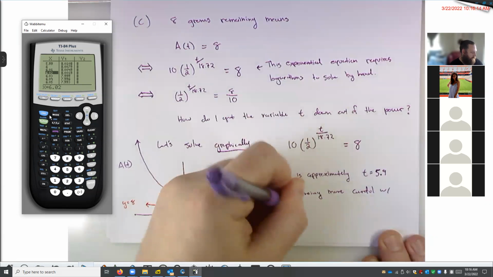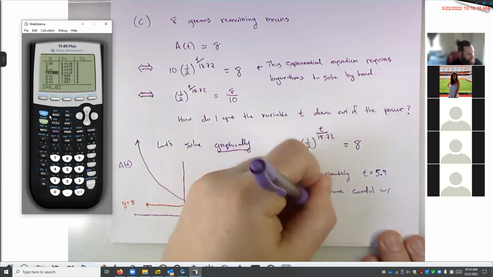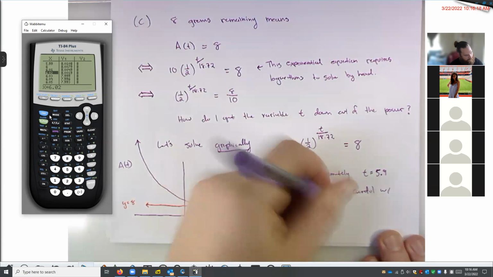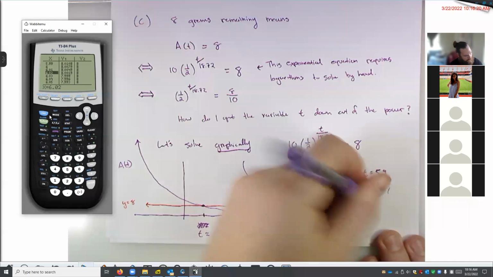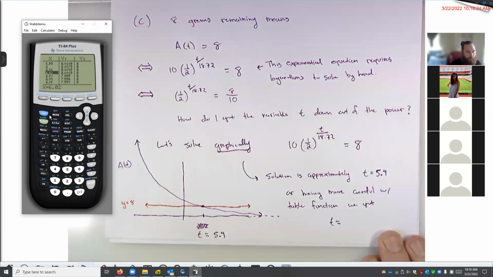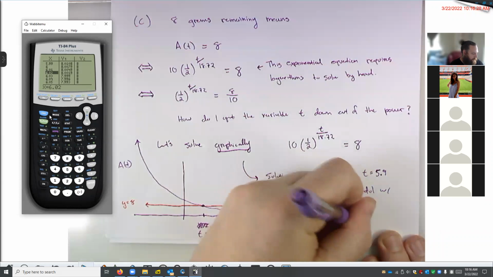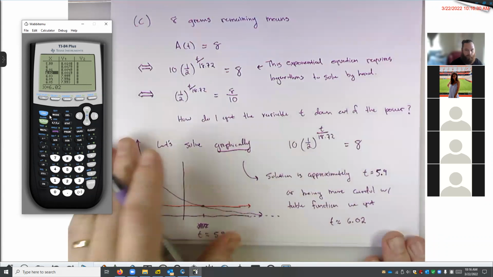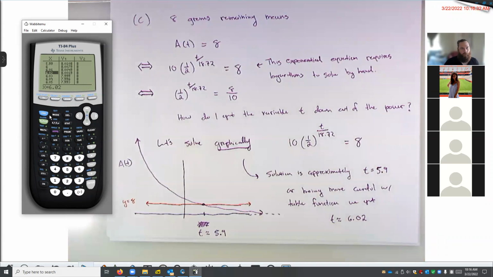The table function, we get, is approximately, let's say 6.02 looks like the closest. Okay, and you can get it again as granular as you want with this by changing the table settings.